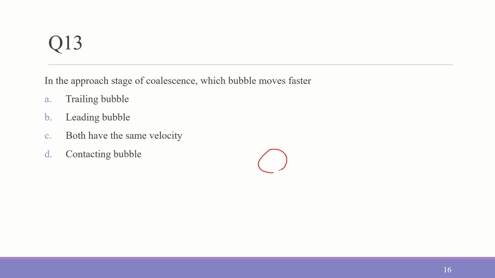Let us consider two bubbles. This is the leading bubble, and this is the trailing bubble.